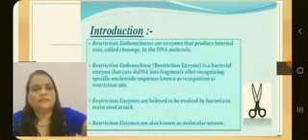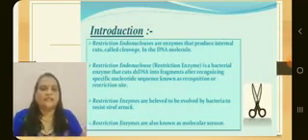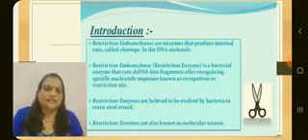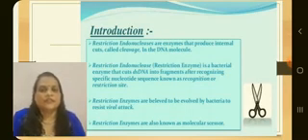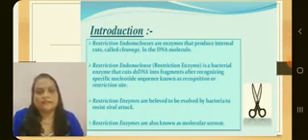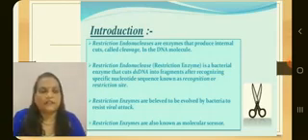Now first we will talk about the most important enzyme of genetic engineering, that is restriction endonucleases. Restriction endonucleases are the enzymes that introduce a cut in both the strands of DNA.